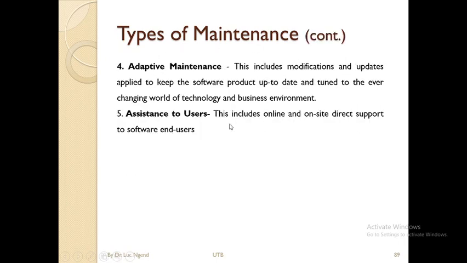In adaptive maintenance, you add. This includes modification and updates to keep the software product up to date and tuned to the changes. Here in adaptive maintenance, you add functionalities. I talked about adaptive maintenance when I was talking about regression testing. When you perform adaptive maintenance, you perform regression testing.